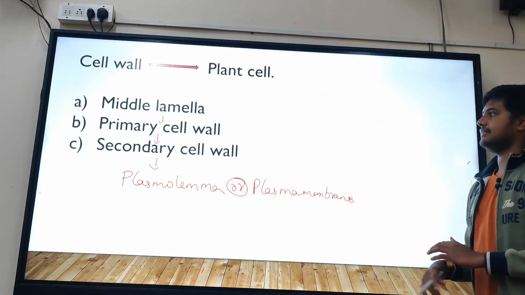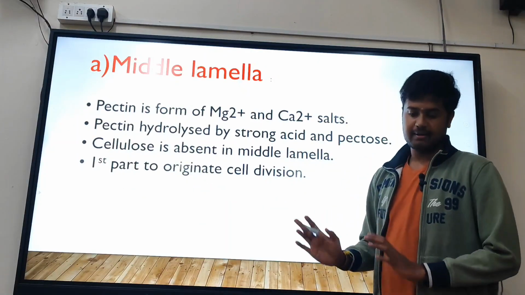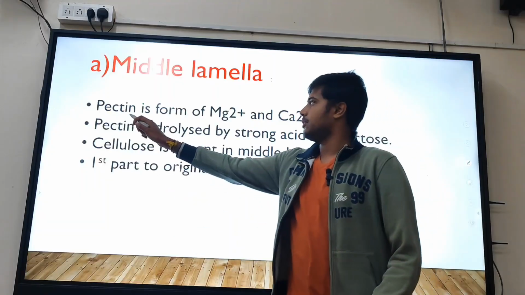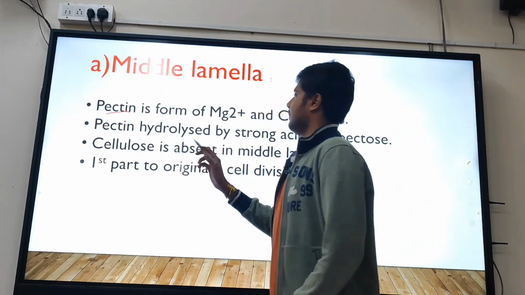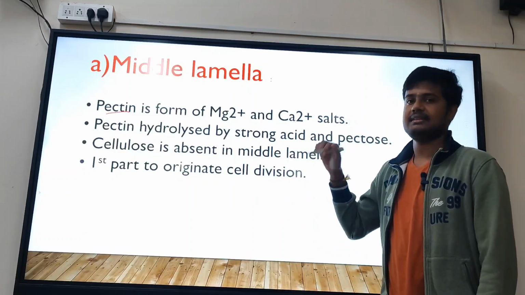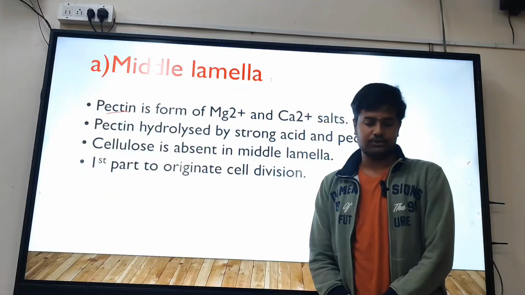Okay, let's study each part. First one is middle lamella. In middle lamella, pectin is the main component. Pectin is in the form of magnesium and calcium salts. Pectin is hydrolyzed by strong acid and pectinase.